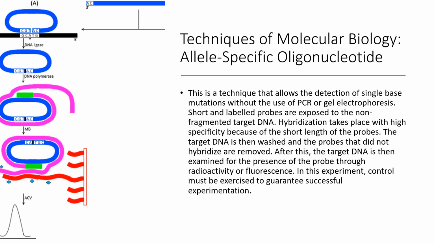The target DNA is then washed and the probes that did not hybridize are removed. After this, the target DNA is then examined for the presence of the probe through radioactivity or fluorescence. In this experiment, control must be exercised to guarantee successful experimentation.